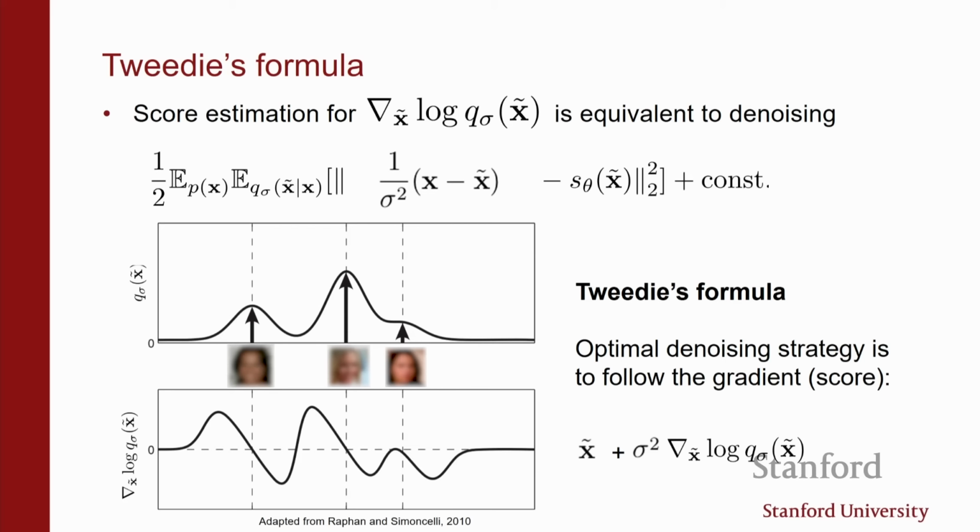You can imagine a data density that only has three images, like three deltas. This is a toy picture, but just for visualization purposes, if you add noise to these three images, you're going to get a density that looks like this. And then you can imagine, let's say you're trying to denoise.